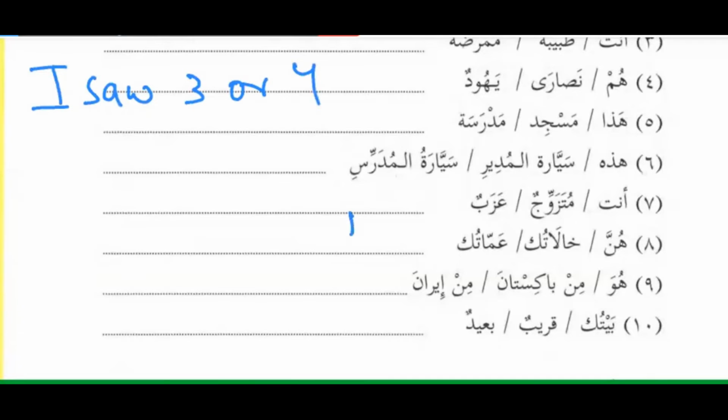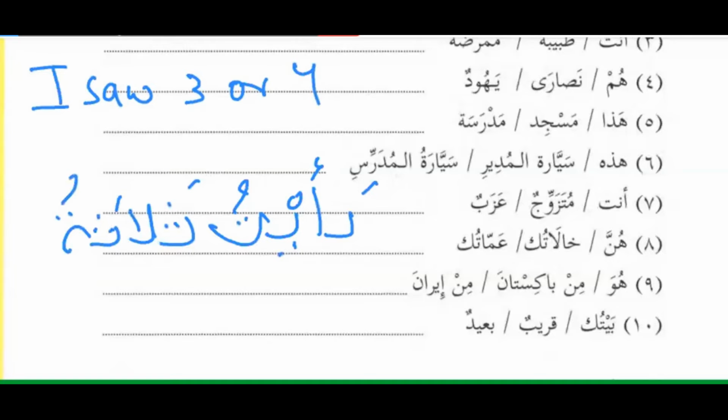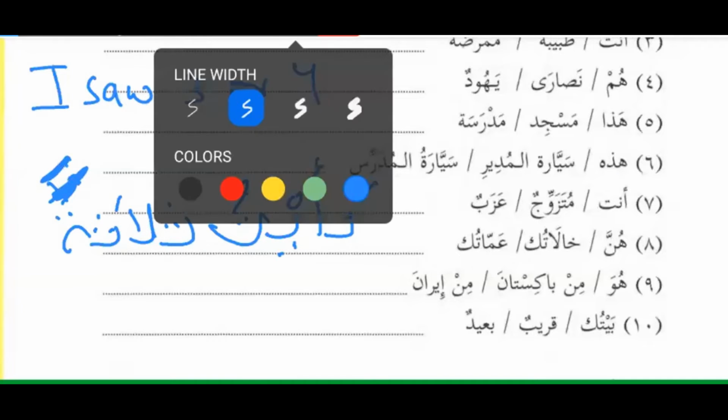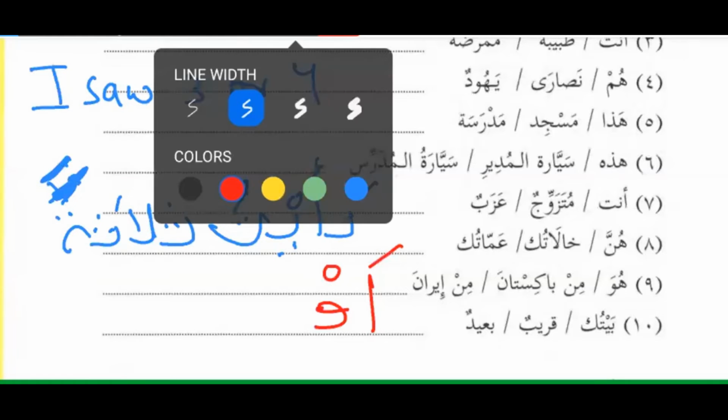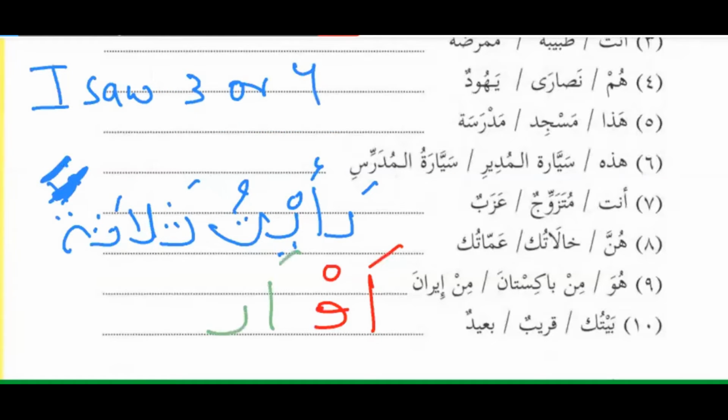I will say Ra'aytu. رأيت ثلاثة أو أربعة. رأيت ثلاثة, because this is مفعول. أو أربعة. So here we are saying I saw 3 or 4.